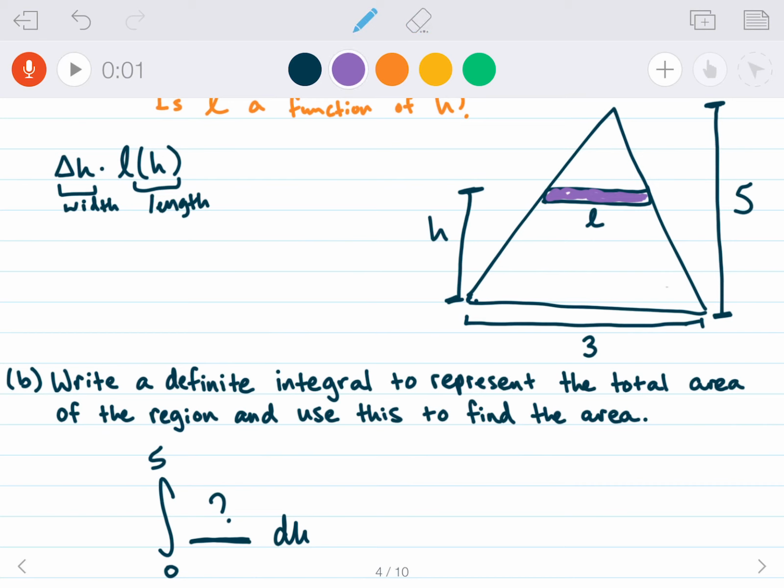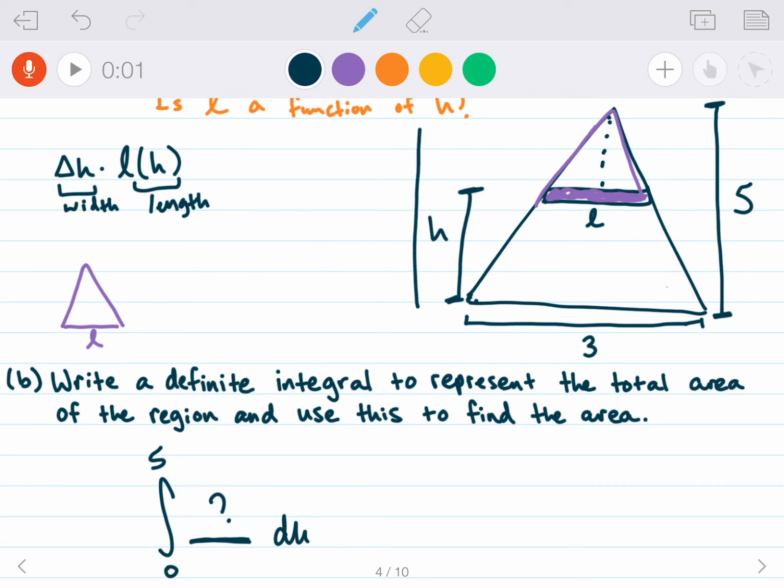So we need to, first of all, draw this guy. So we have this guy. He has a base of L, and he has a height of, well, he doesn't have a height of h. That's not how tall he is. He actually has a height of 5 minus h, right?